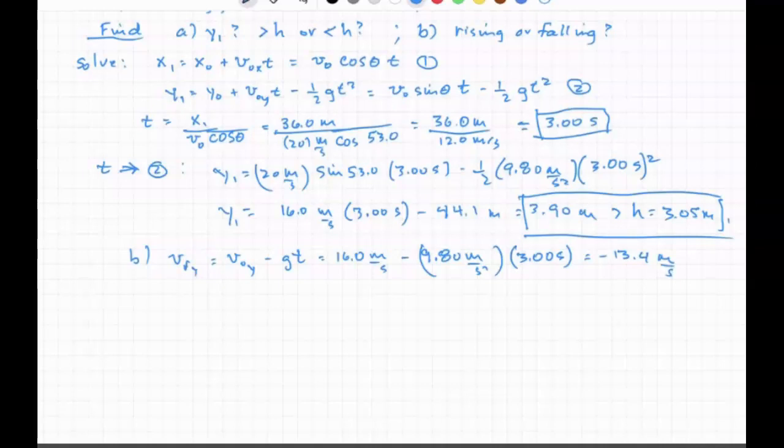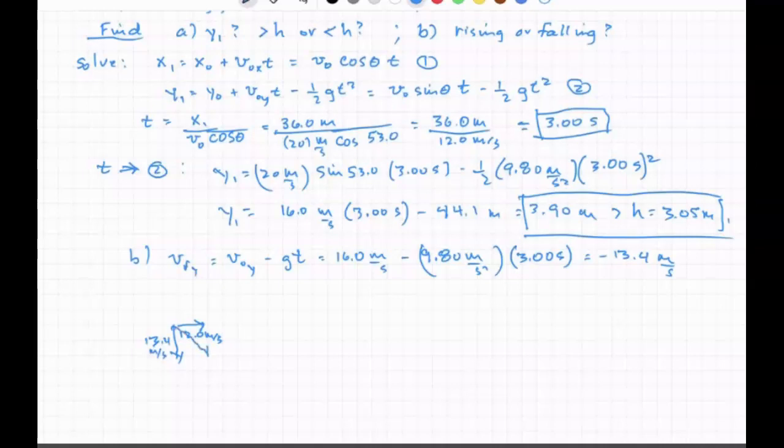So that tells us that the final velocity has an x component of 12 meters per second, and a y component of 13.4 meters per second in a negative direction.